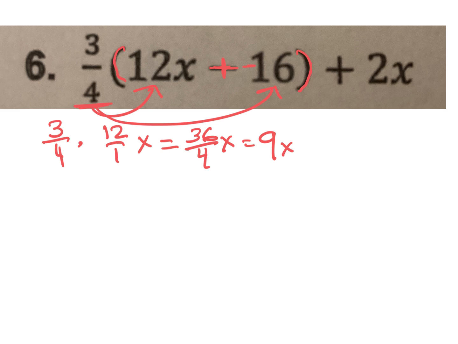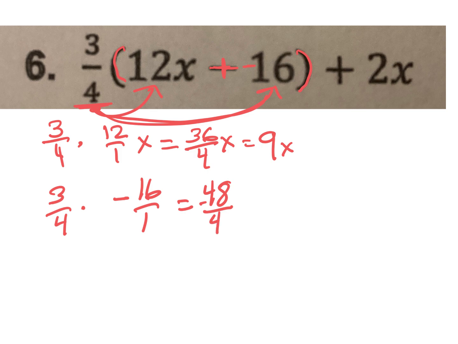Okay. Now I'm going to take this 3/4 times a negative 16, and I'll put this over 1. And when I do that, I get a negative 48 over 4, which equals a negative 12.